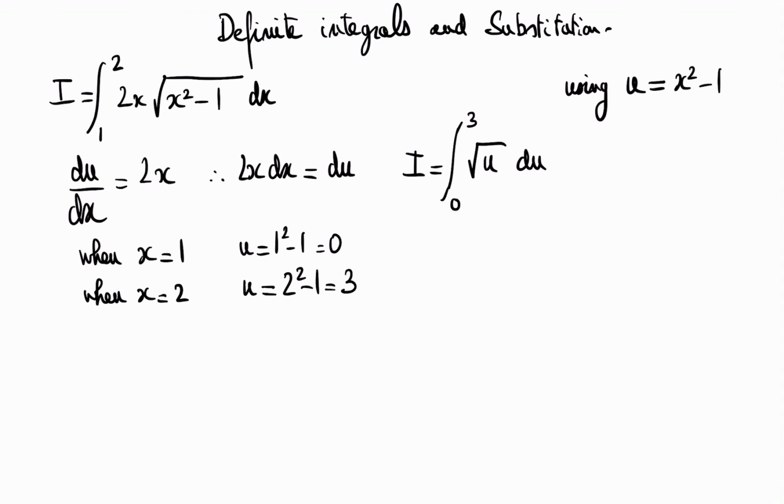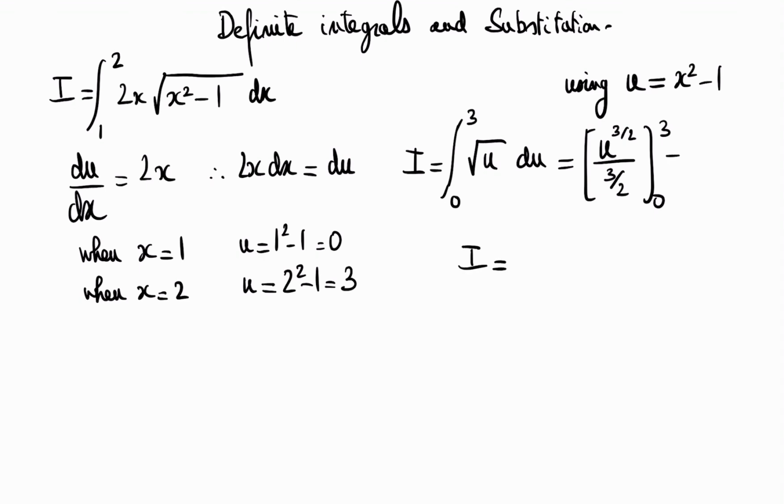Right, from there, not too difficult, it's basically u to the power of 3 over 2, over 3 over 2, between 0 and 3. So I is equal to 2/3 of u to the power of 3 over 2 between 0 and 3.